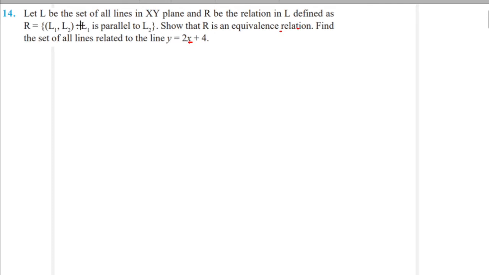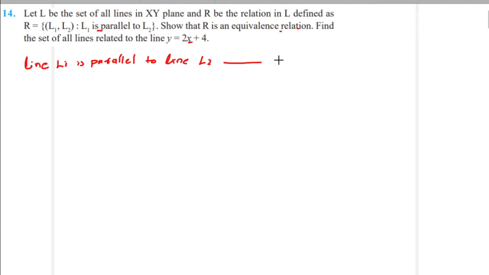The first part is: line L1 is parallel to L2. This is a relation, so you take this statement. Here line L1 is parallel to line L2.